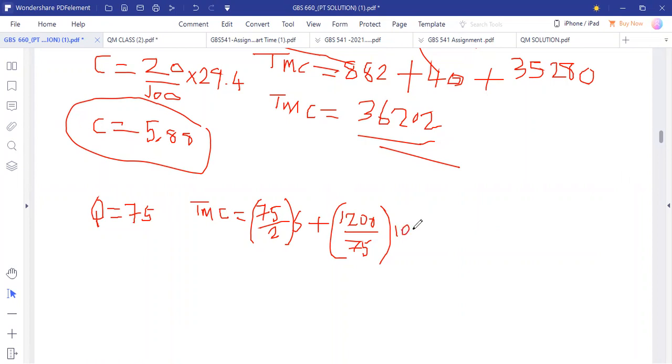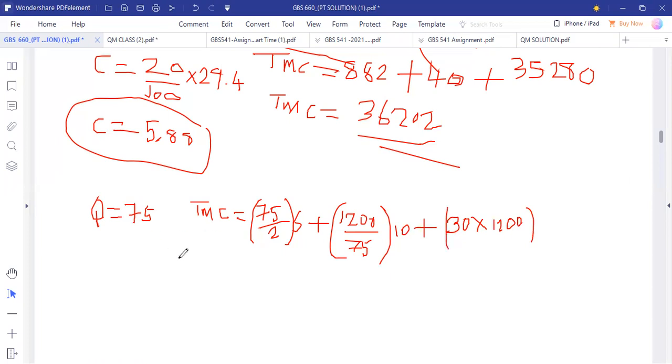Then plus the unit price, which in this case is $30, multiplied by 1,200. So this is what goes on.